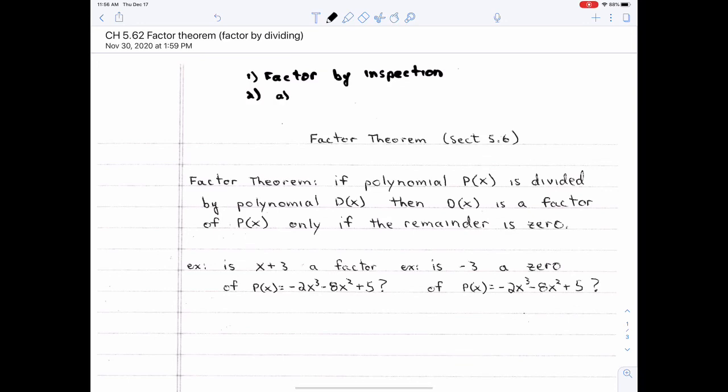First one is if it's quadratic, in other words, its degree is 2, use the quadratic formula. Now, of course, you can complete the square also, but most people prefer the quadratic formula.